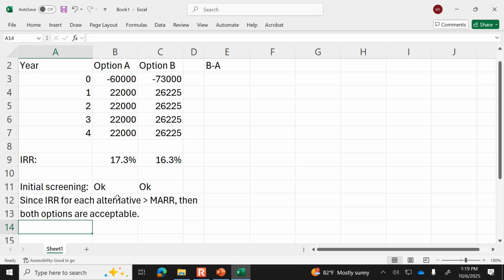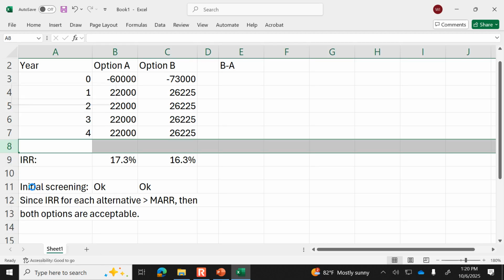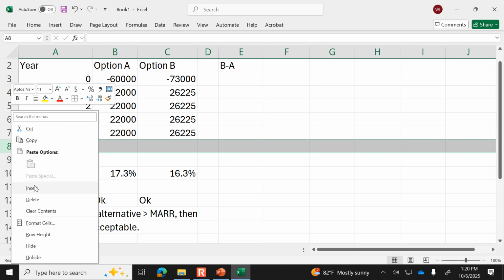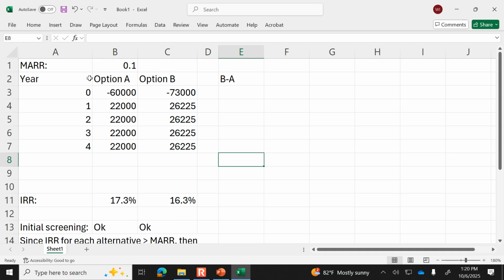Okay? So we could do present worth analysis to find out which option is best. And there's a couple ways to do present worth analysis. One is to have the amount and then the present value of the amount and sum up the present values of the amounts using the MARR as the discount rate.